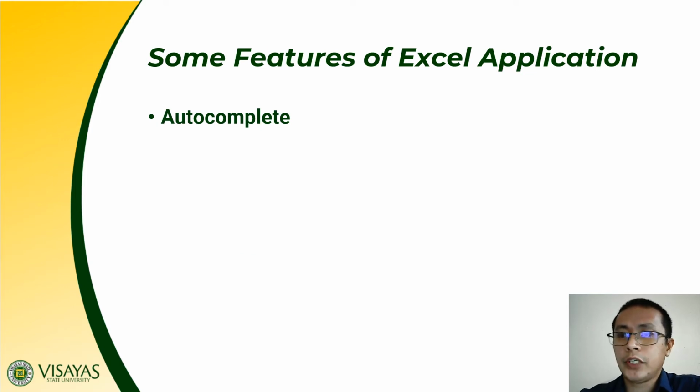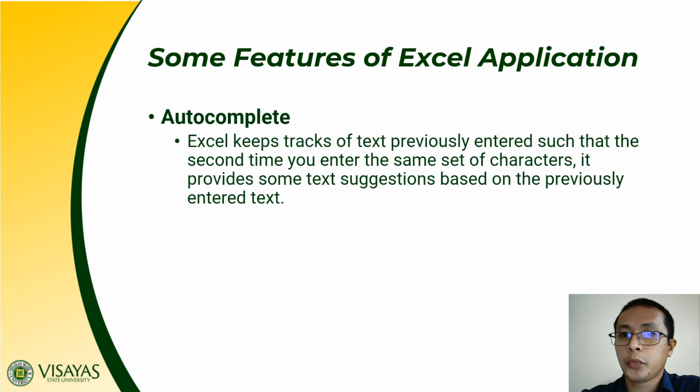Now we have here some features of the Excel application which make it more enticing, or more interesting, to use. We have here the autocomplete feature. When you say autocomplete, it is just that the moment you start typing text in a given cell, some text suggestions will appear, based on the previous entries which you have made in your document.